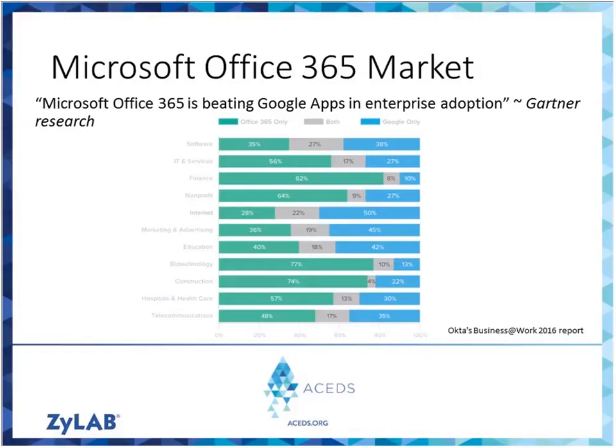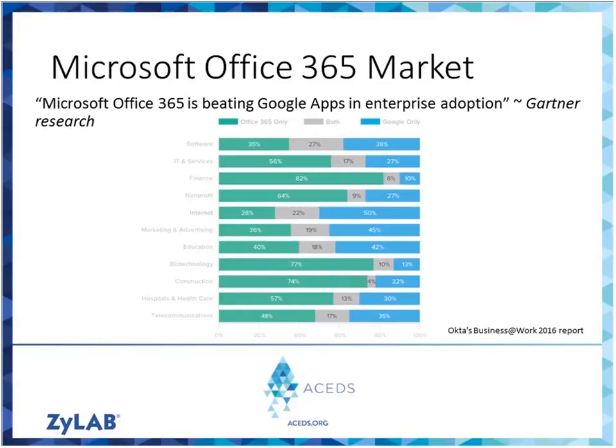What we see is that Microsoft Office 365 is beating Google and many other cloud solutions in enterprise adoption. This is a quote from Gartner. We see it everywhere. Last year there was already a major breakthrough in the number of Office 365 seats all around the world, and the end of last year and this year, almost everybody is going to 365, not just in the software business, but also in IT services, finance.